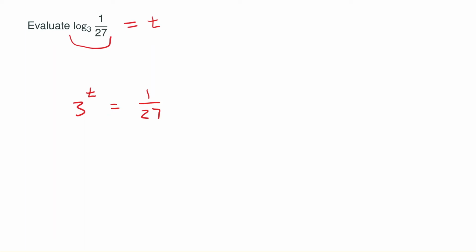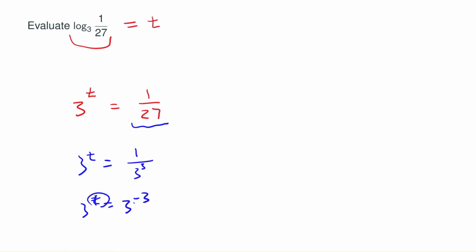There are a few ways to do this, but one of the efficient ways is to rewrite this in terms of a power of 3. 27 is 3 to the third power. 3 to the second power is 9, and 3 raised to the third power is 27. So 1 over 27 is 3 to the negative 3 power.